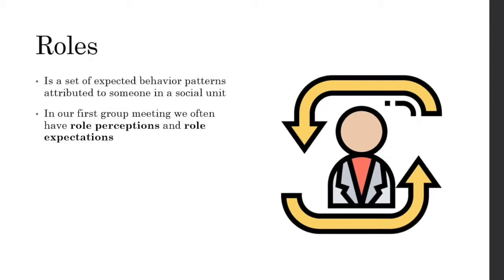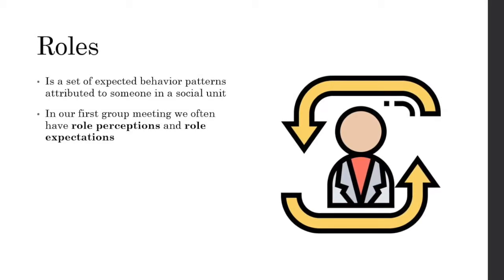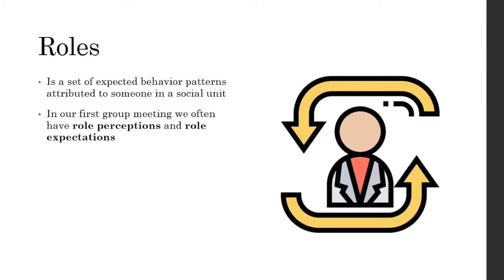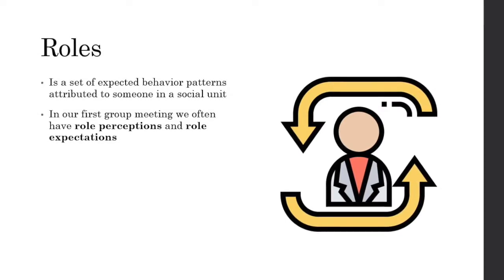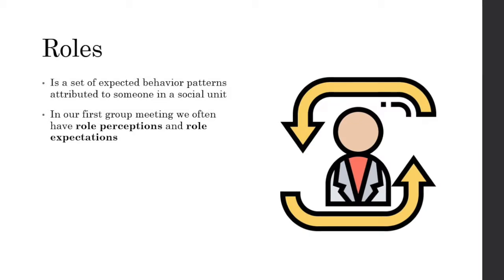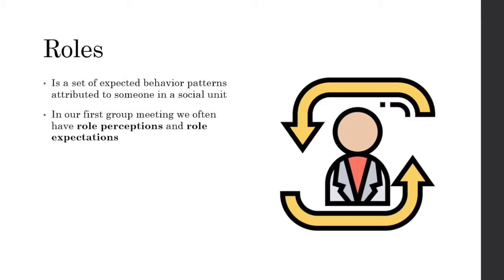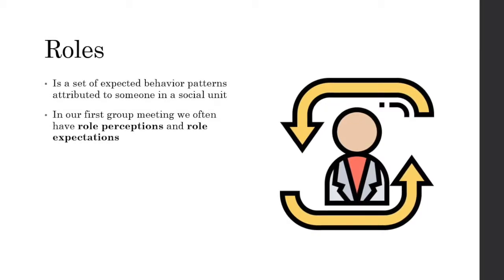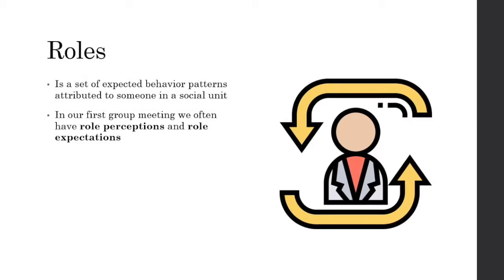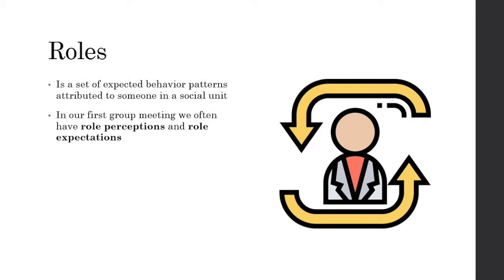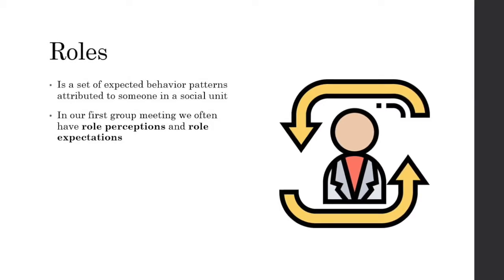The first one is role perception, which is how I think I should be acting in a certain situation. For example, if I'm giving a really important talk, such as a TED talk, I should be using the best language I can, academic language, and be well dressed and well presented, because that's how I think I should be acting in this specific situation.